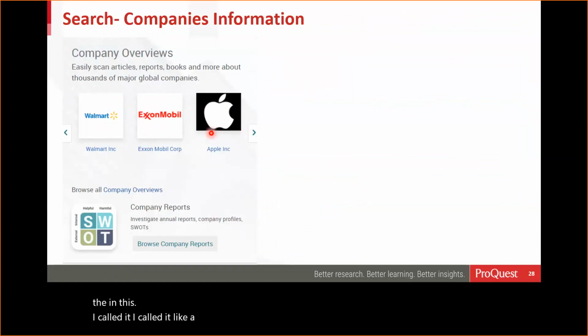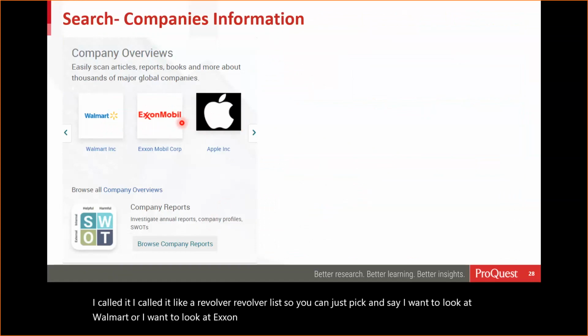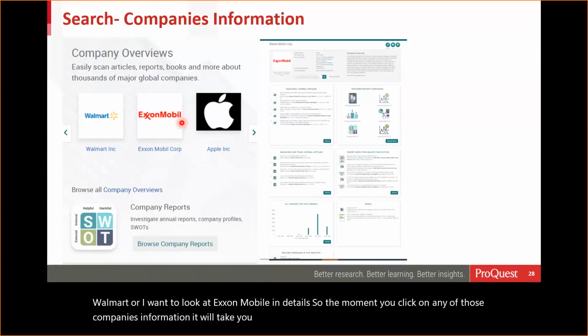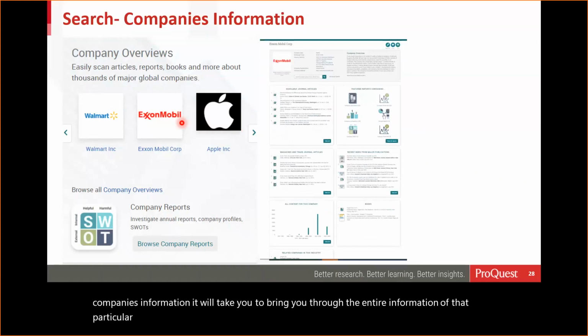You can just pick and say, I want to look at Walmart, or I want to look at ExxonMobil in detail. The moment you click on any of those companies, it will bring you through the entire information of that particular company, whether it's the company overview, or where that company is discussed and mentioned in scholarly journal articles, and also the relevant financial information.